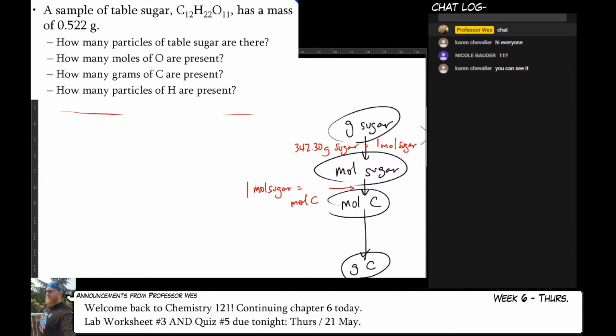And so we look at the formula just like before, and because there's a 12 in front of the carbon, we would say that there are 12 moles of carbon per mole of sugar. And then down here, in a mole of carbon, there are, and what's my periodic table say? 12.0 something something. 12.011.